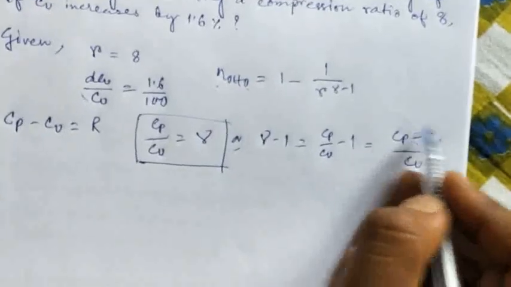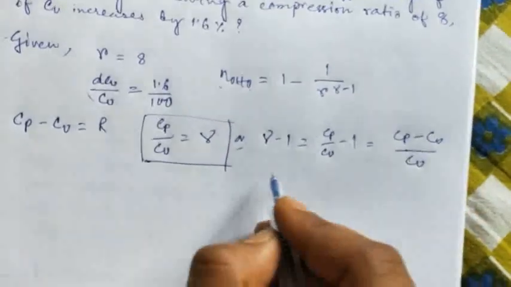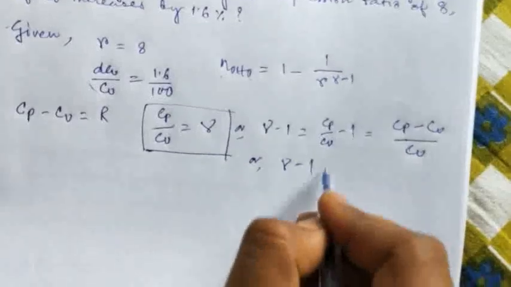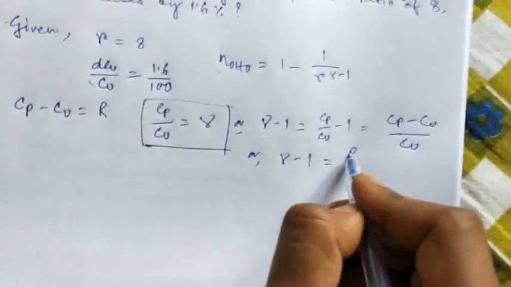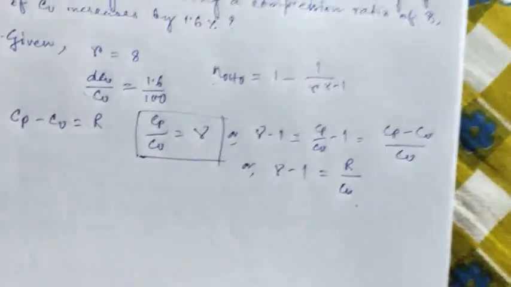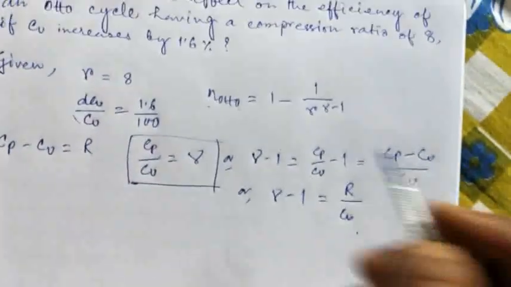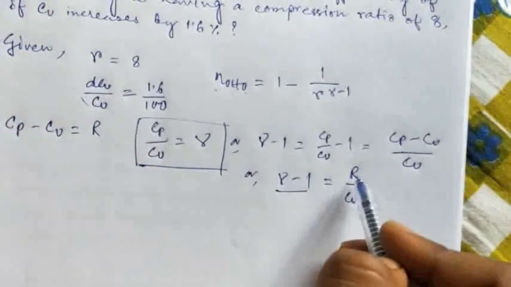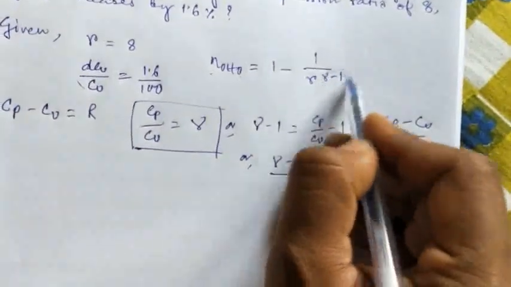Now see, this Cp minus Cv is our R. So we can write gamma minus 1 equals R by Cv. Now we can put the value of gamma minus 1, which is R by Cv, in this efficiency formula.